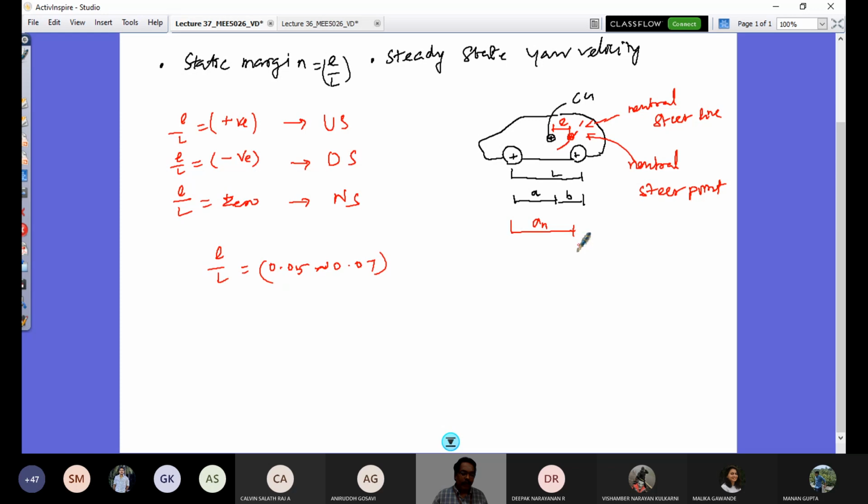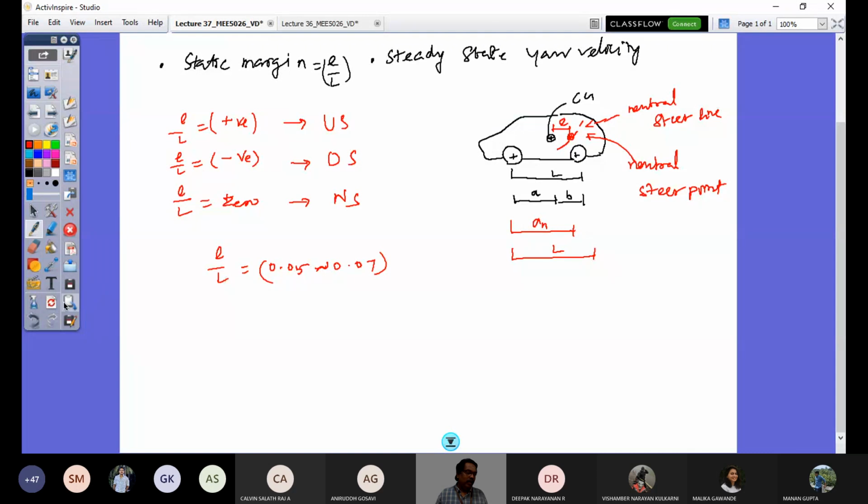From here to the rear axle, it is length L. So now you can define your E by L or this distance AN. Where is this neutral steer axis? You can calculate AN and find whether it has a positive value or a negative value, or whether AN is equal to A. This can be determined simply from the definition of neutral steer tendency.